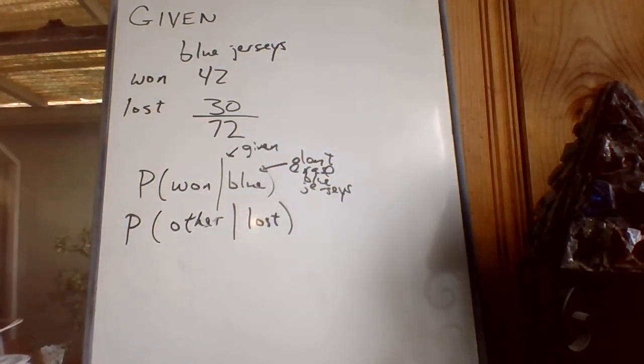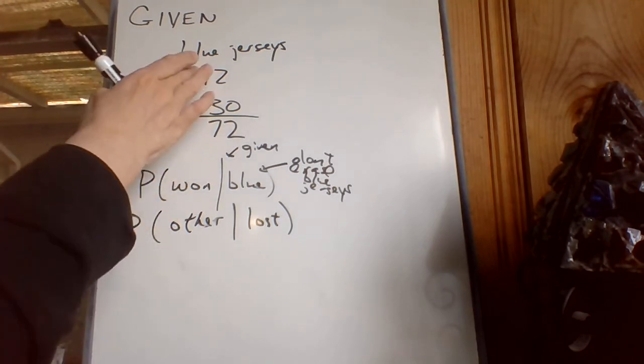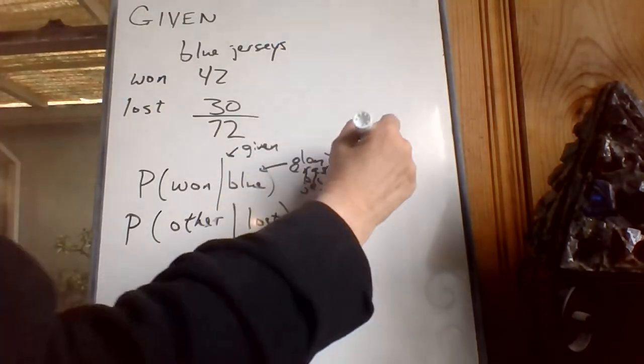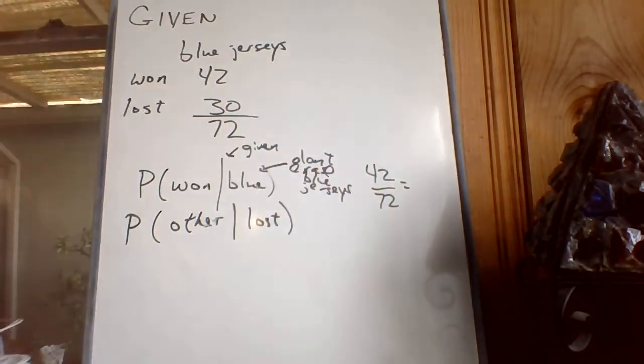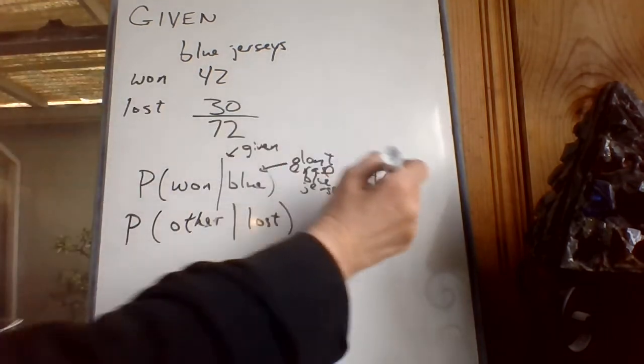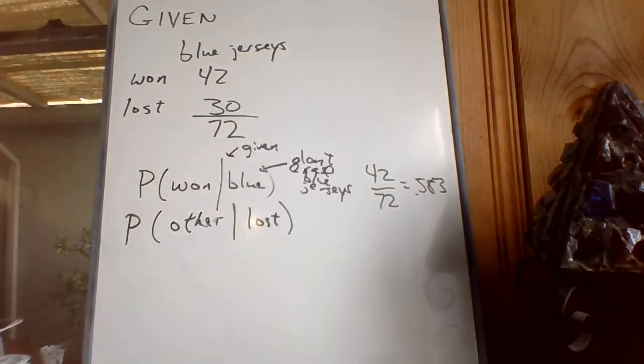I'm just looking at these three numbers and trying to give probability that they won. It's got to be 42 out of 72. Which, divide that out on my calculator, is 0.583. Okay, so that's how you do these without bothering with the formula.